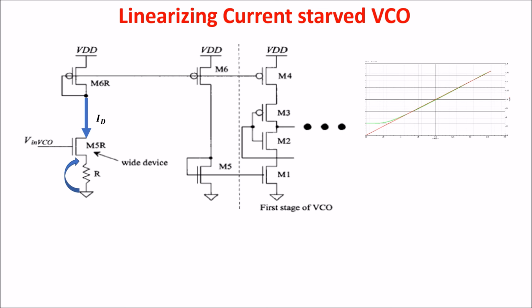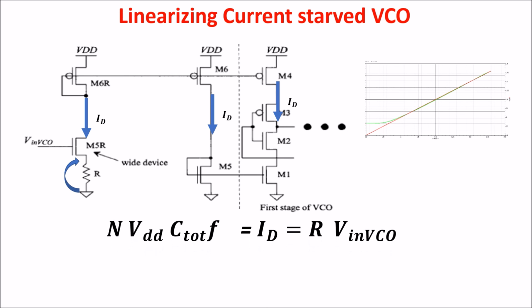Note that the current ID in M6R is mirrored over to M6 and M5 to control the current used in the current-starved VCO. So now the relation between the input voltage and the frequency becomes similar to this one, which is linear.